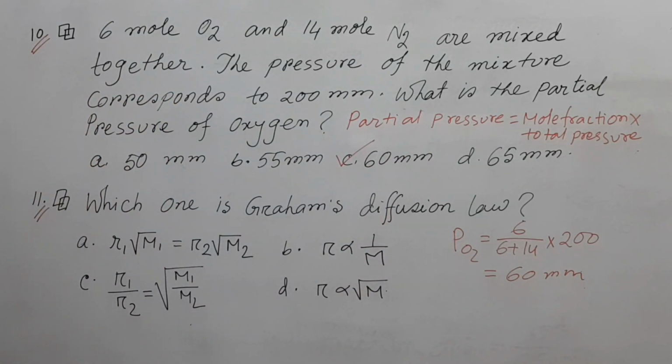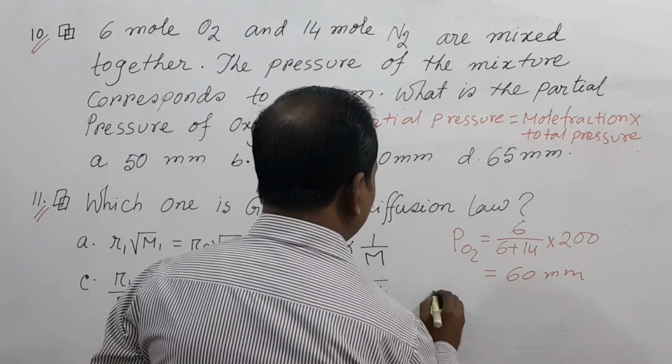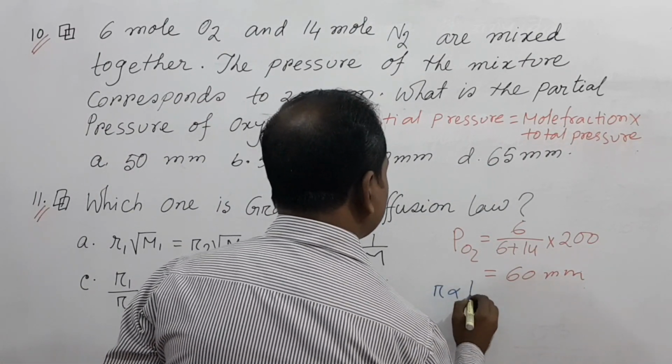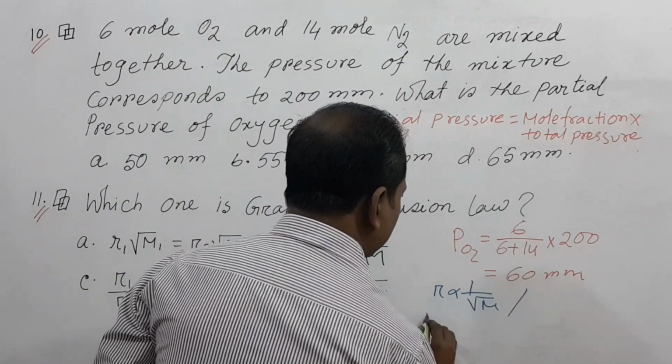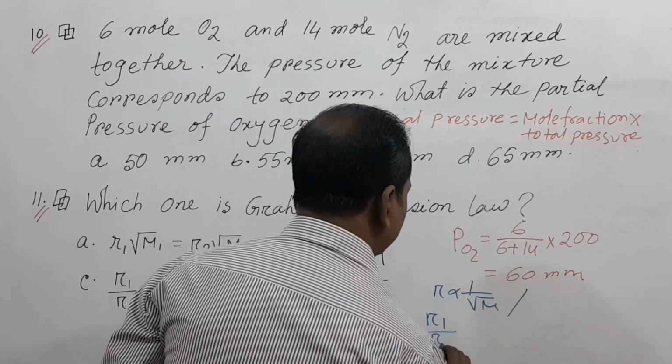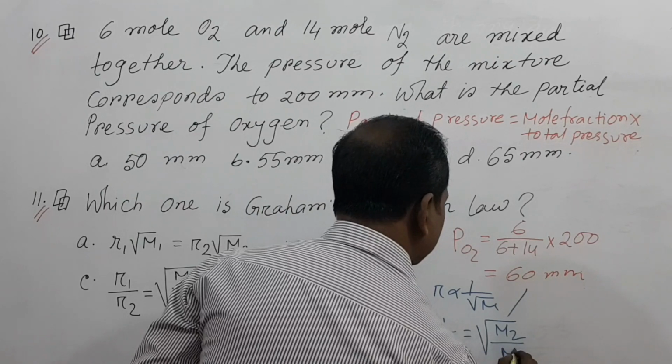Next question, question number 11. Which one is Graham's diffusion law? My dear students, we know that Graham's diffusion law is R is proportional to 1 by root over M, or R1 by R2 equal to root over M2 by M1.